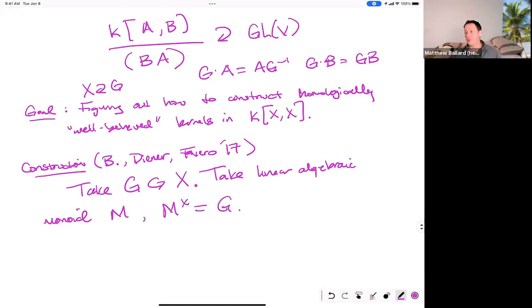Okay, so we all have thought about linear algebraic groups. Sure, we feel fairly comfortable about such a thing. Linear algebraic monoids, well, instead of saying group, you say monoid, right?